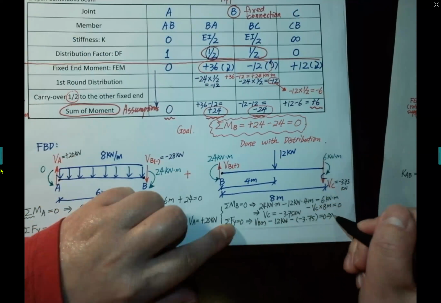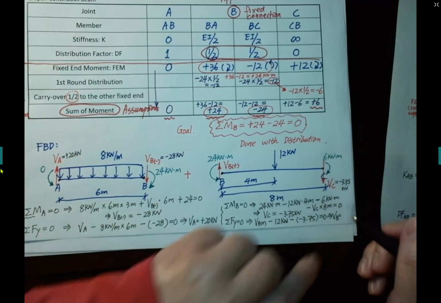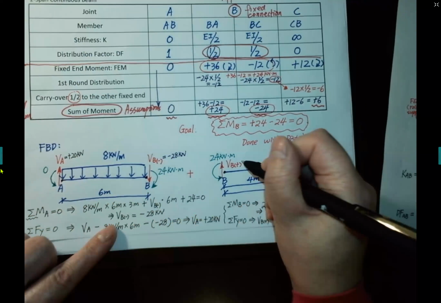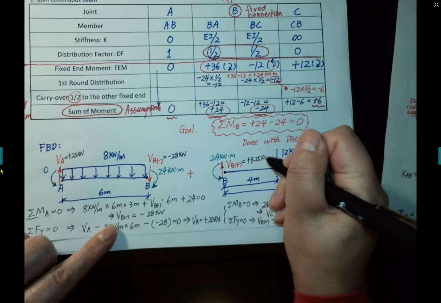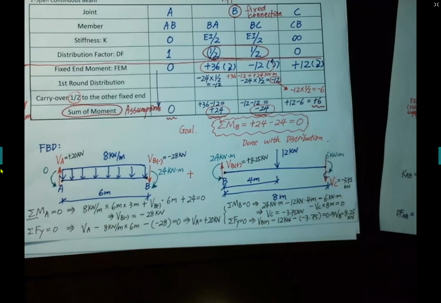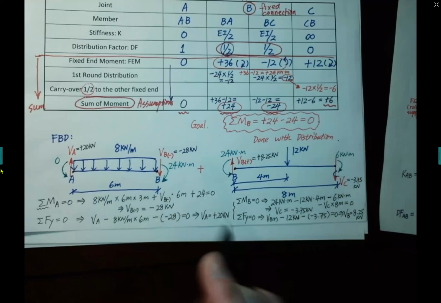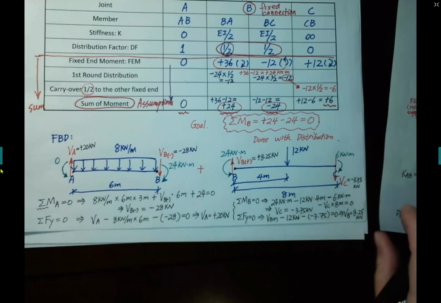And we can get VB equals positive 8.25 kilonewton. So we put the value right here, positive 8.25 kilonewton. So that's the free body diagram. We do the free body diagram in order to draw the shear and the moment diagram for the beam.